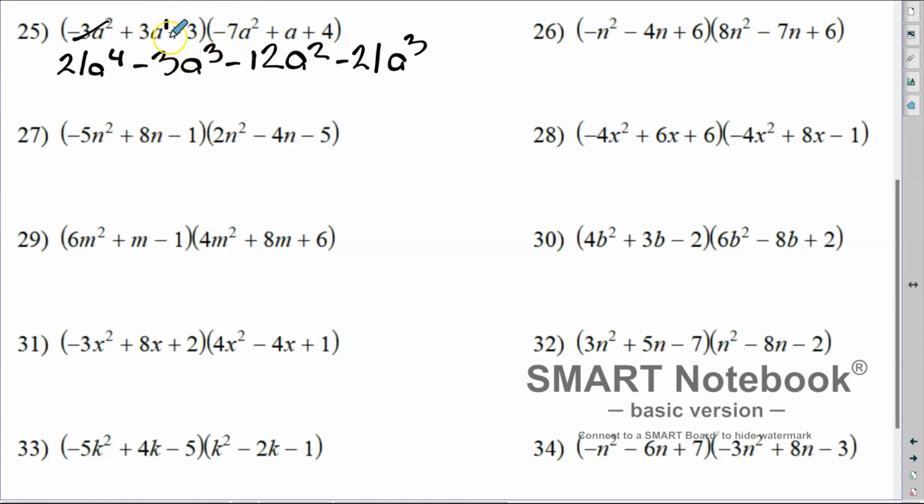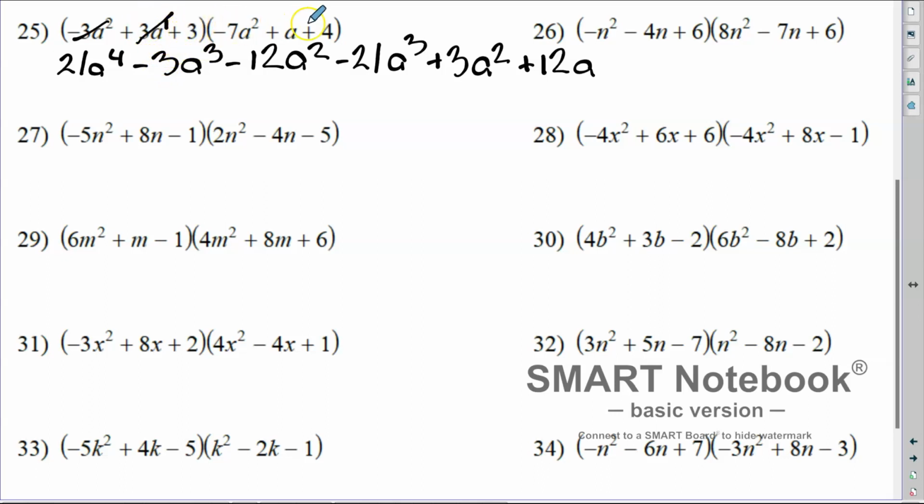I just thought I'd review that with you. So 3a squared and 12a. Check my work. If I make a mistake, I'd love for you to bring it up and we can deal with it in class. But I think I'm trying pretty hard here. So I'm done with him.